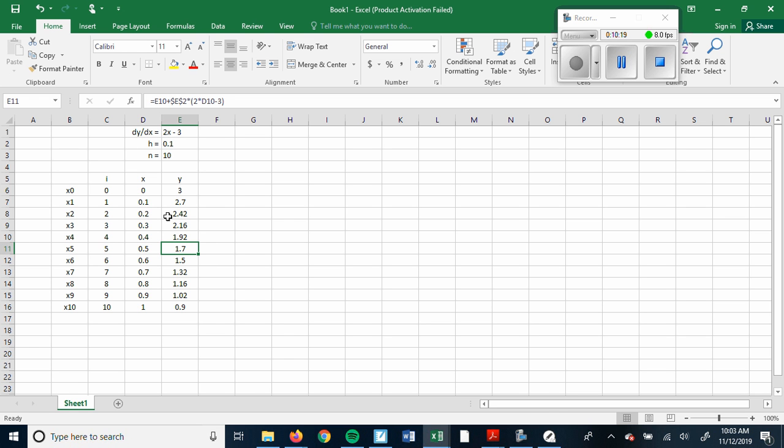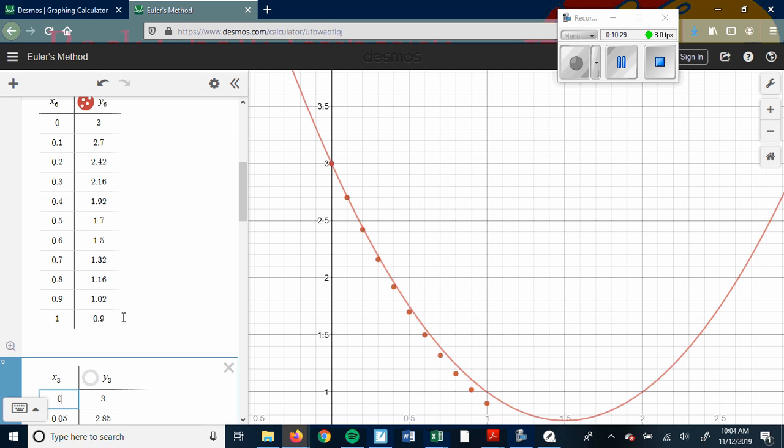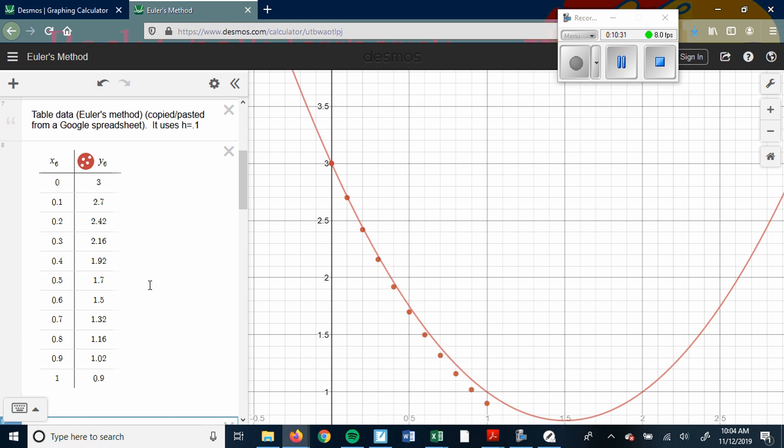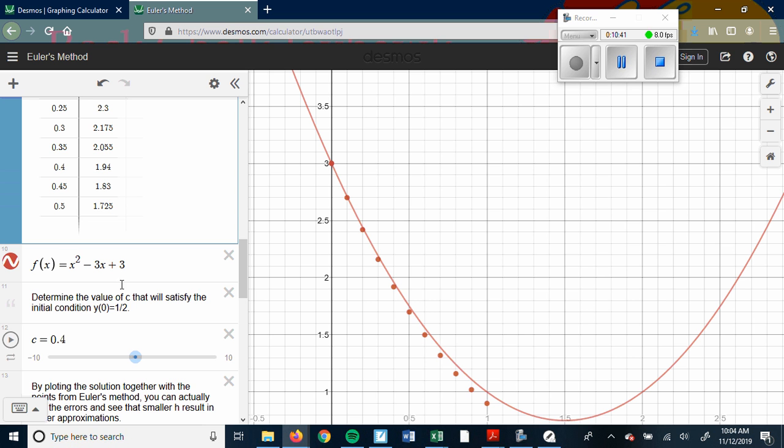I'm going to copy and paste it into Desmos. You can see here that I've copied this into Desmos, and I've also overlaid it with the actual solution. Don't worry about everything else here.